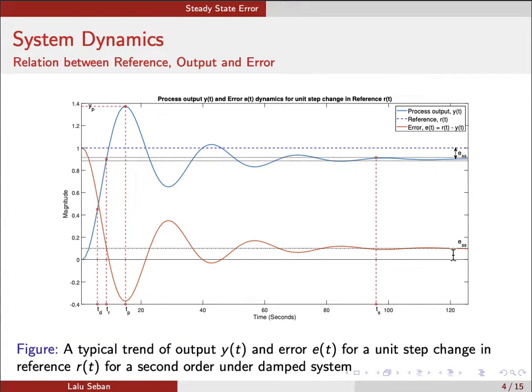Later it is settling to a value of around 0.1, because 1 minus 0.9, it is settling to 0.1. So in this figure, we can see the relation between the reference, the output, and the error. Here we can easily differentiate between the transient state and the steady state.